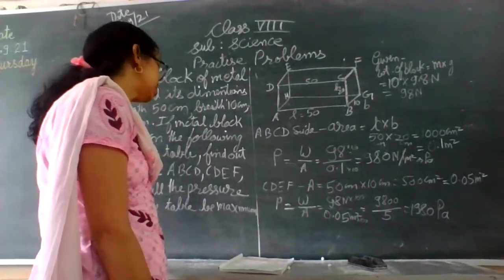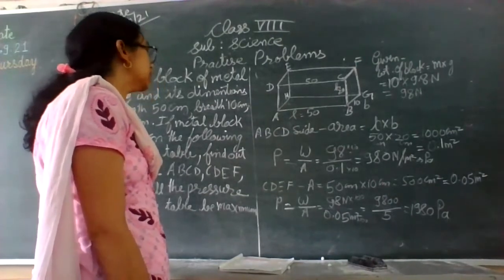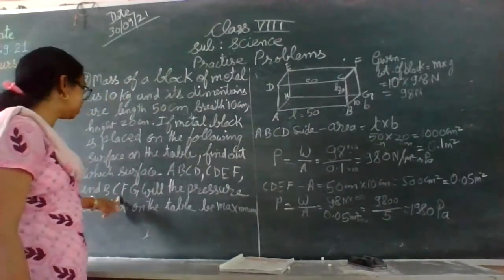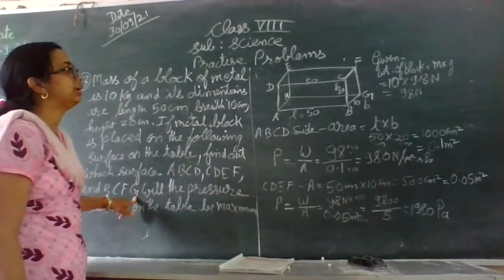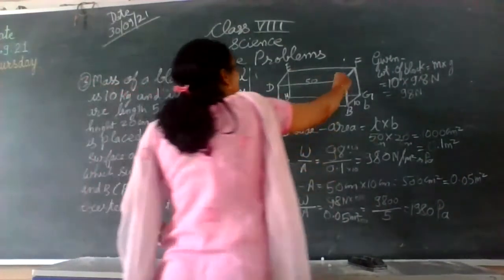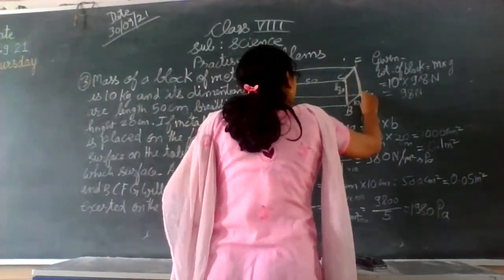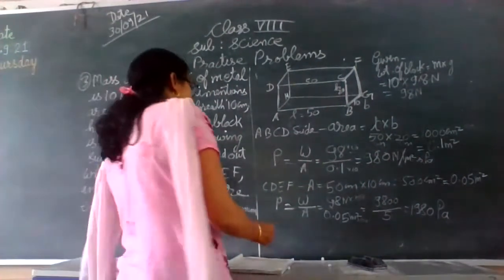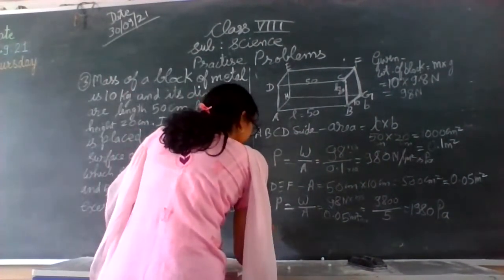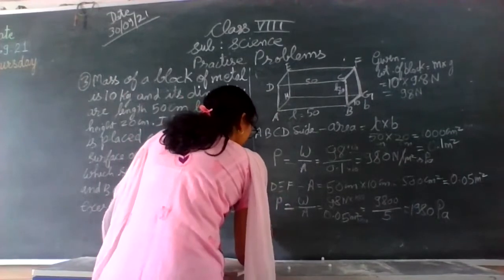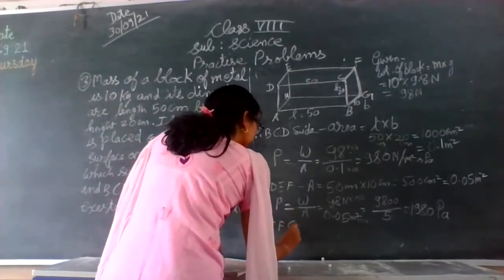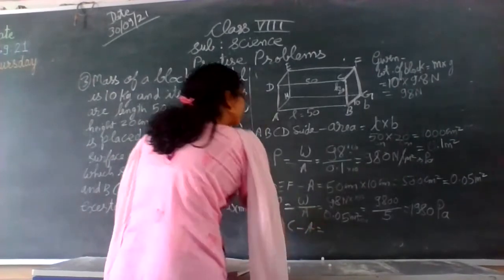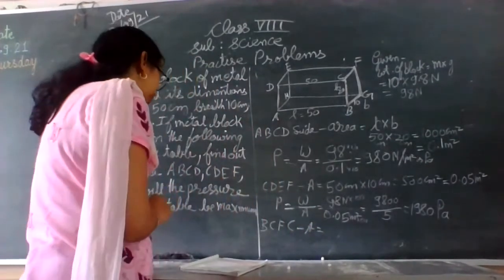Now the third side is again remaining. Third side that we have to calculate is BCFG. You can see here B, C, F and G. This side we have to calculate the area again. Area of this side will be, again, length into breadth.